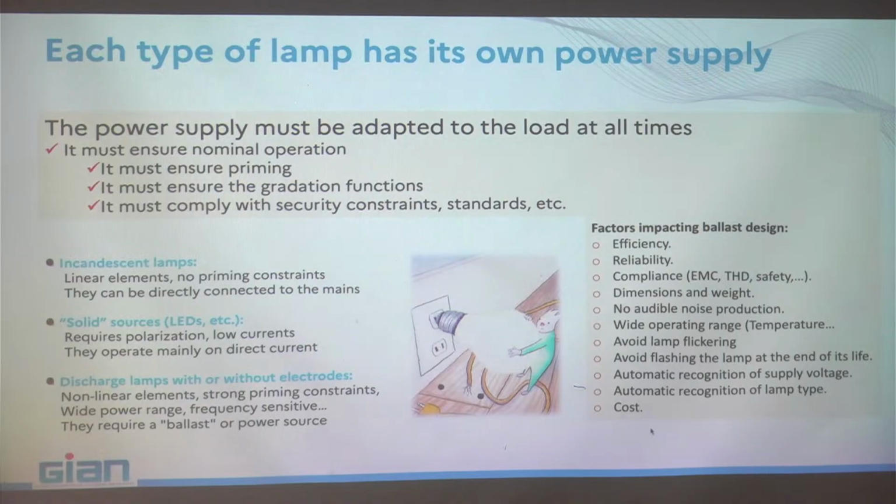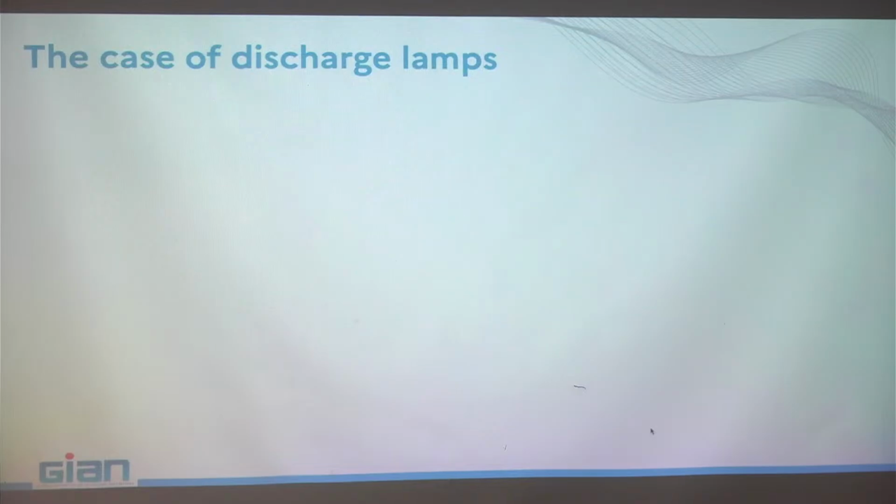For example, fluorescent lamps need 400 milliamps average or effective current, but stable. Let's start then with the case of discharge lamps, which is the more complex to understand and to manage.